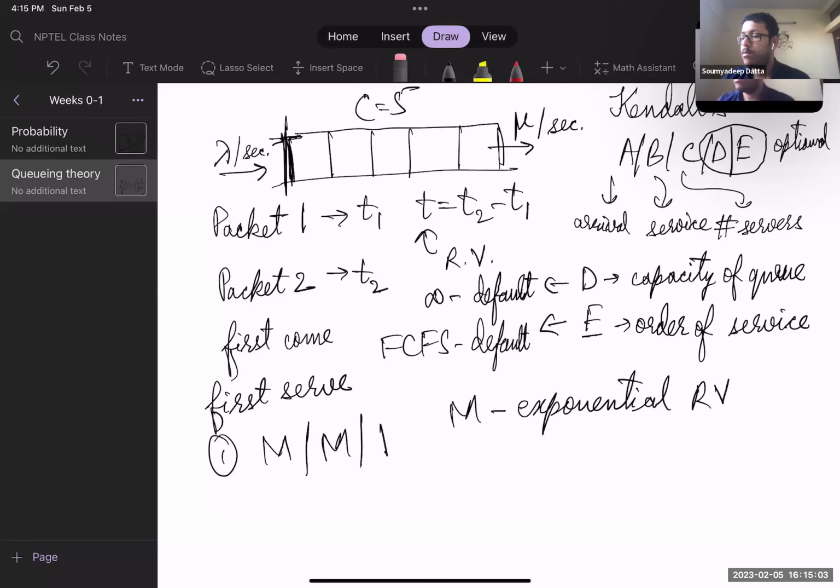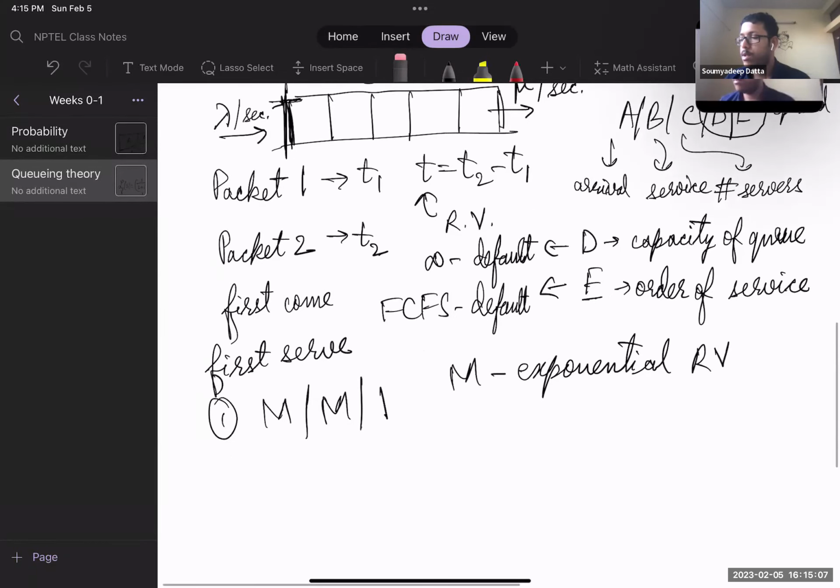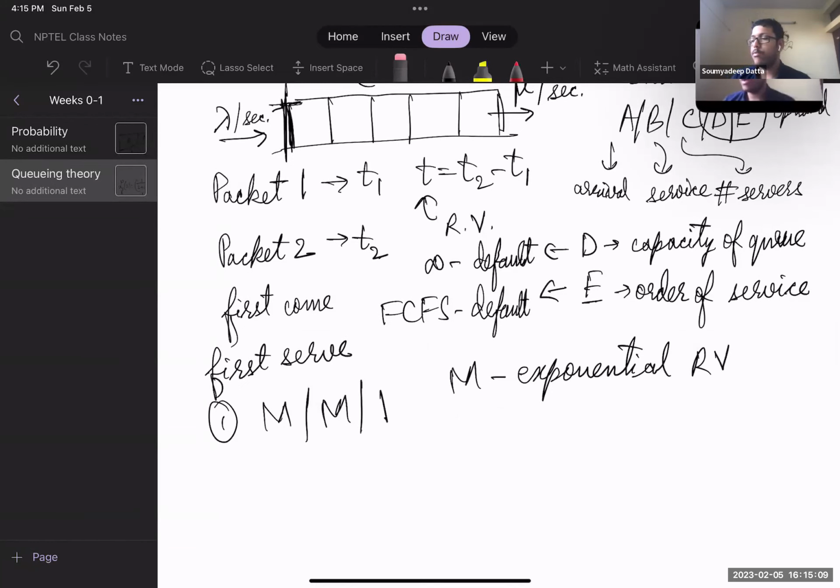What are the things we are assuming by default here? We are assuming that the capacity of the queue is infinity. We won't have to stop at, let's say, the 5th packet. We can keep on accommodating as many people in the queue as we can. And we are also assuming first come, first serve service.